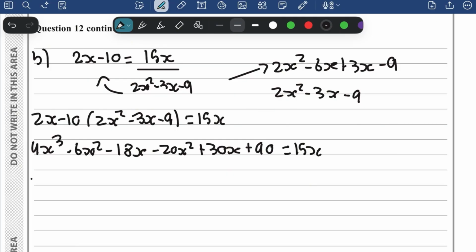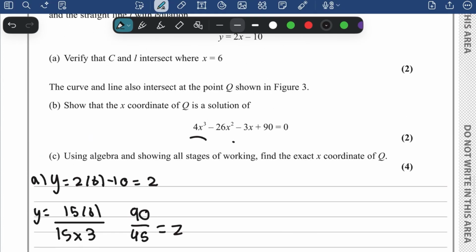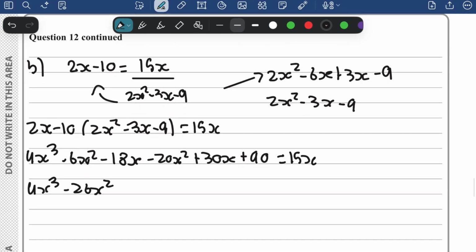Now tidying the left-hand side up, we get 4x cubed minus 26x squared. And we'll just check quickly, is that what we wanted? Yeah, that is what we wanted. And we have minus 18x plus 30x. That's just going to be minus 12x, right? Oh, sorry, plus 12x. Add 90 equals 15x.